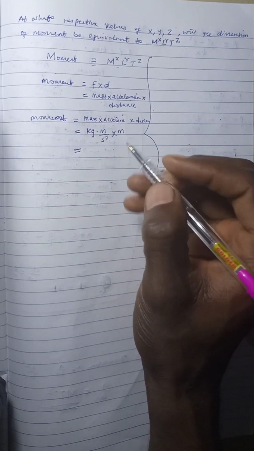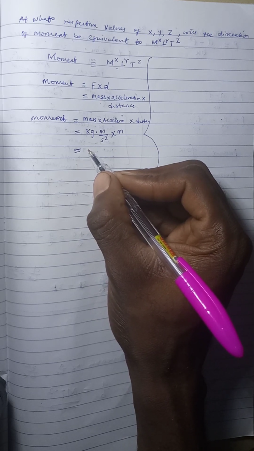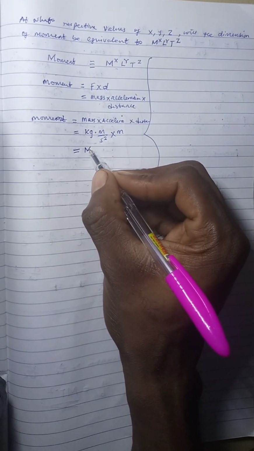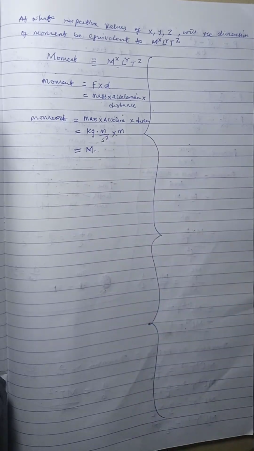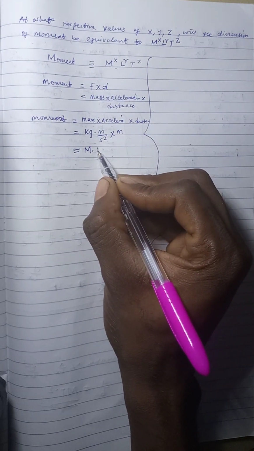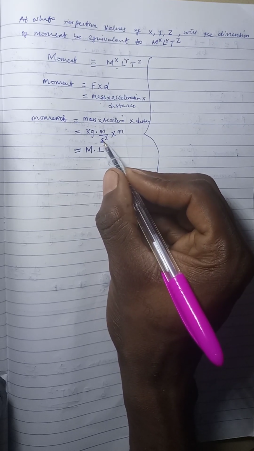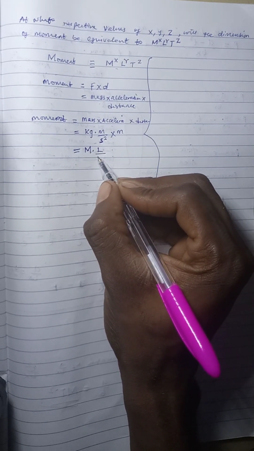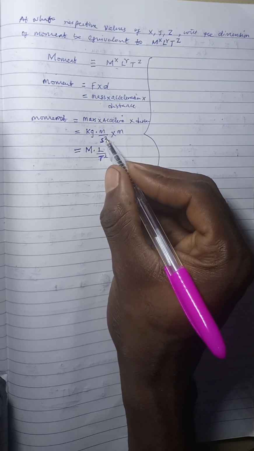Now, since mass is measured in kg, what is the dimension for mass? The dimension for mass is M. What is the dimension for meters? Meters is the unit of length, so the dimension for meters is length. Then what is the dimension for time? Seconds. The dimension for time is T, and this is to the power of 2 because this is s to the power of 2.